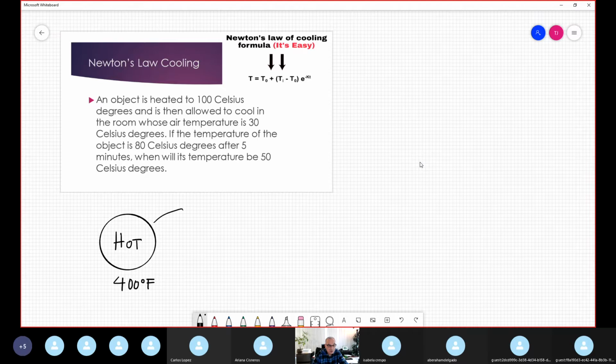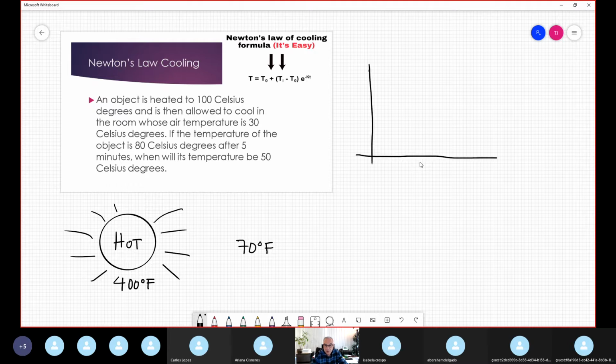And of course, it transfers heat to the environment, and the environment maybe is 70 degrees Fahrenheit. Capital T is temperature, little t is time, in this case minutes, 5 minutes. Then the initial temperature, Ti, is 400.